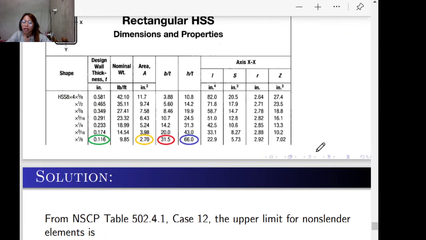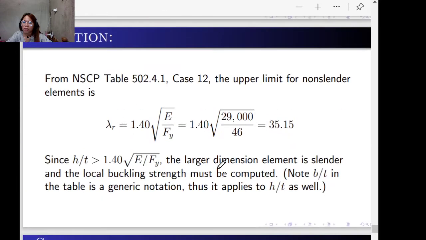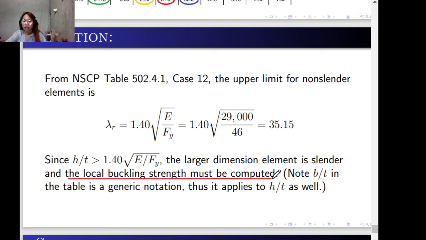Comparing with the previous value H over T, which is 66, meaning greater than, di ba? This width to thickness ratio exceeds this 1.40 square root of E over Fy, meaning it is a slender element, and the local buckling must be evaluated or computed.